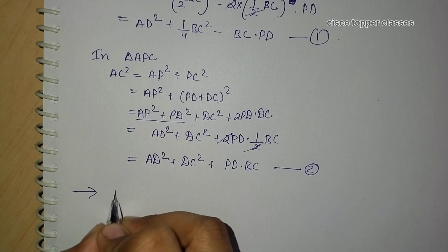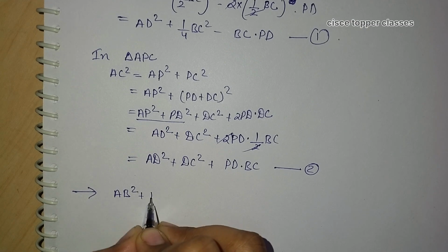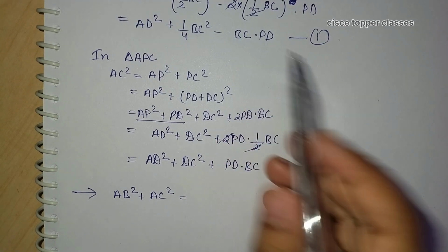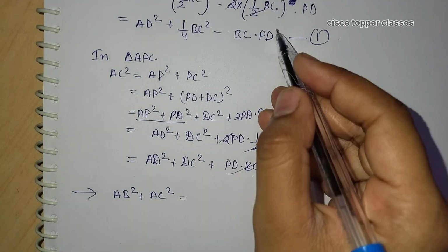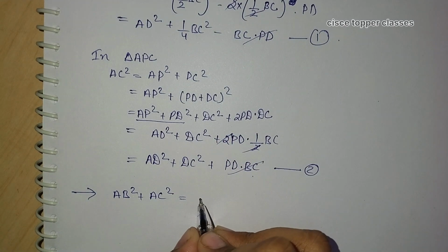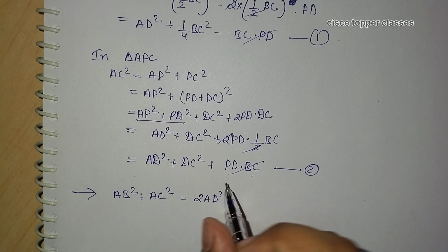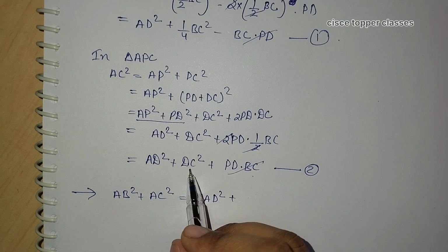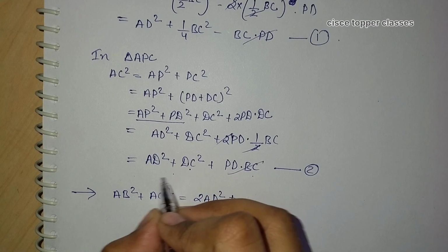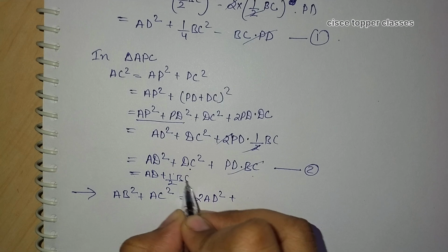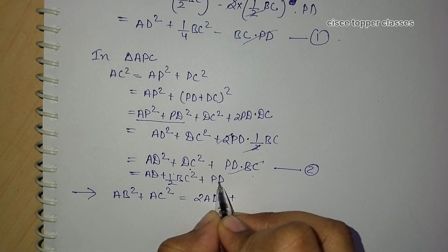From there we will get AB square plus AC square is equal to 2 AD square plus DC square, where BC into PD gets cancelled out from both equations. So this we can write also as 2 AD square plus half of BC whole square.